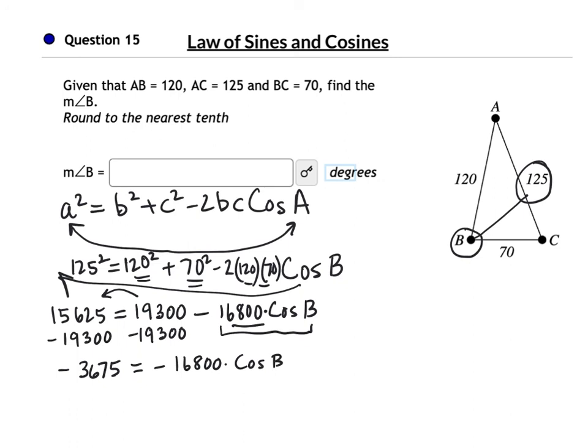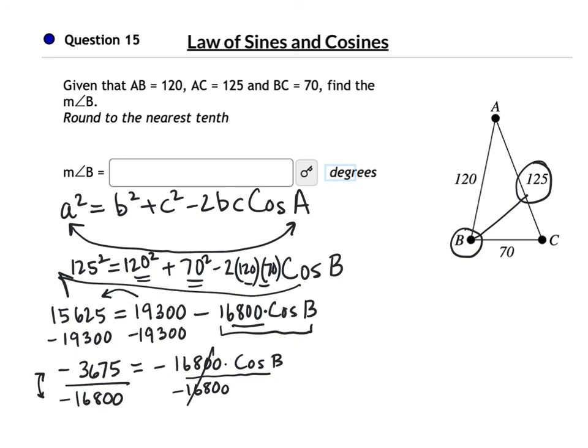Now we can solve for the cosine of B. We'll divide by negative 16,800. Notice here that when you divide, two negatives make a positive.